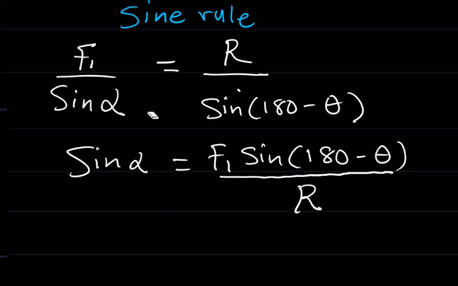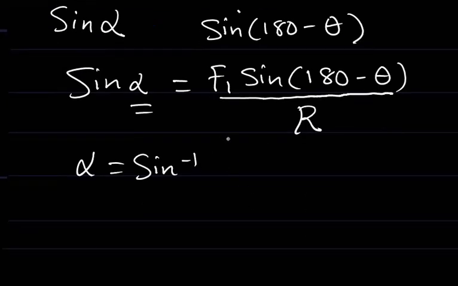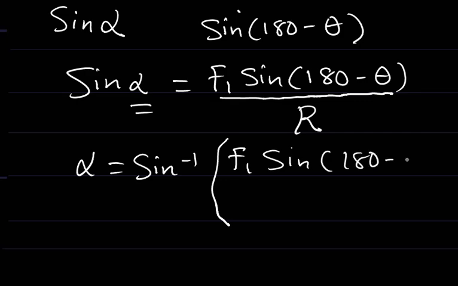So now, for you to be able to solve for this, you have to find the sine inverse of the right hand side of the equation. So alpha is going to be equal to the sine inverse of F1 sine 180 minus theta, divided by the resultant.